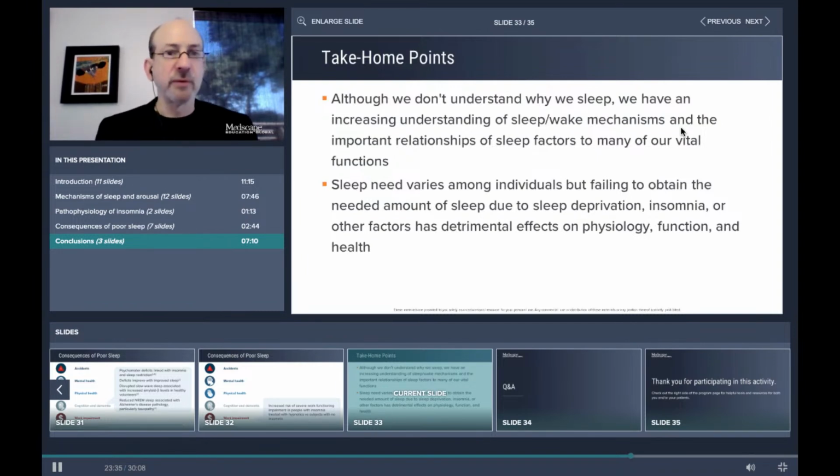I think another important takeaway point should be that sleep need varies among people. But if any individual doesn't get their sleep need, then you see all of these detrimental effects accumulating with impairments arising. And it's critical to think in those terms. If you see a person getting 8 hours of sleep, that could be a person who needs 9 and they could be impaired.